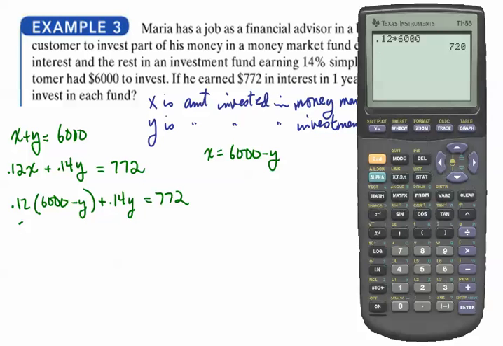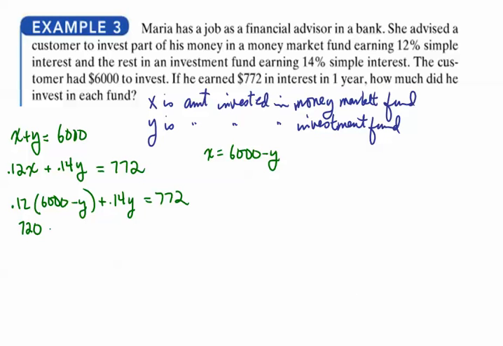So 720 minus, we're distributing here, 0.12y plus 0.14y is equal to $772. Now when I combine like terms on the left side, I get 720 plus, that's 14 cents minus 12 cents, which is 0.02y, is equal to 772.